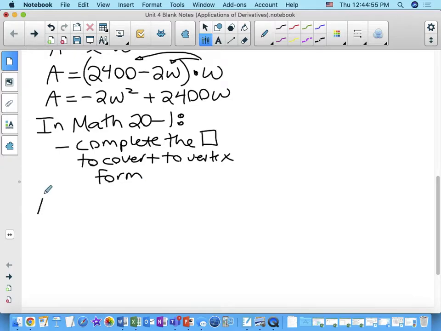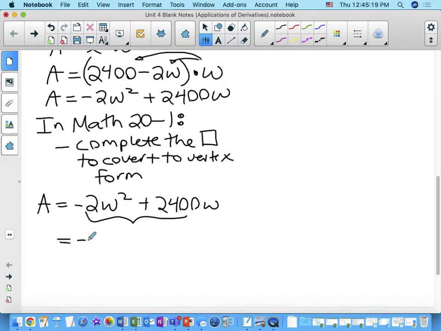All right, so when we're completing the square, the first thing we need to do is to factor out the coefficient of the variable squared term, which is the w squared term in this case, from the first two terms. So we're going to factor out the negative 2. So this is going to be equal to negative 2 times w squared minus 1200w.